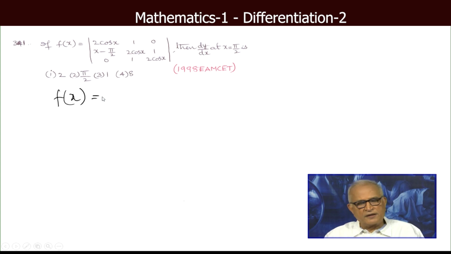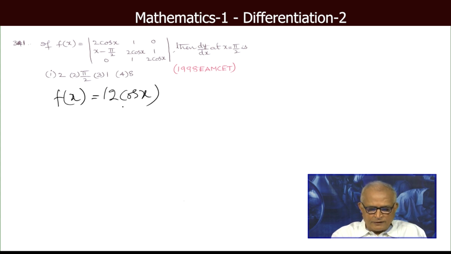f of x equal to. Let us expand in terms of the first column. No matter whether you choose the first row or first column, you can choose any row or any column for cofactor expansion. So, I prefer to choose the first column and write the cofactor expansion of the determinant using the elements of the first column. 2 cos x into its cofactor 2 by 2 determinant 2 cos x, 1, 2 cos x, that is 4 cos square x minus 1.